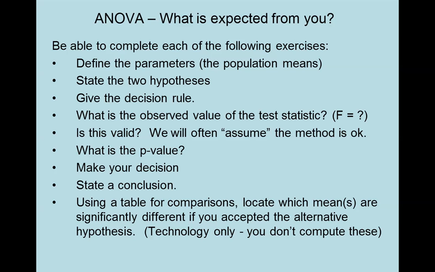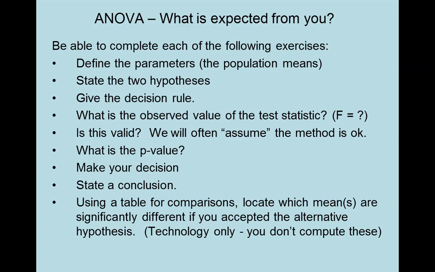Again, you're going to be given that, or either you have to choose the one that makes sense, right? If F is near 0, you're going to get a big p-value. If F is a lot bigger than 3 or 4 or 5, that's when you're going to get a significant p-value. It's going to be closer to 0. Go ahead and make your decision based on the decision rule just like you did before, and then you'd state your conclusion.